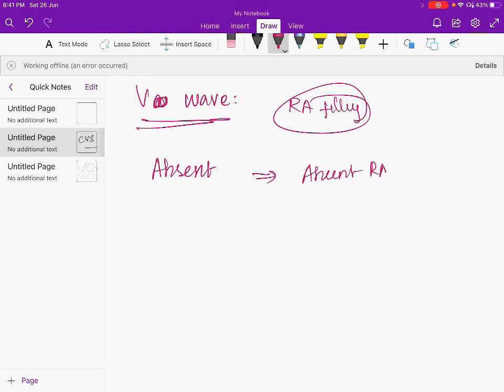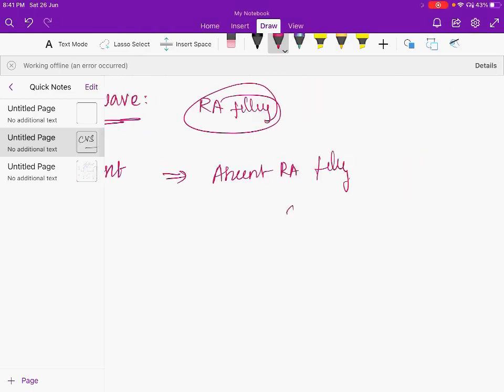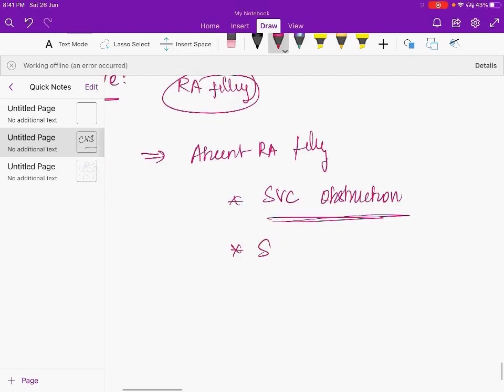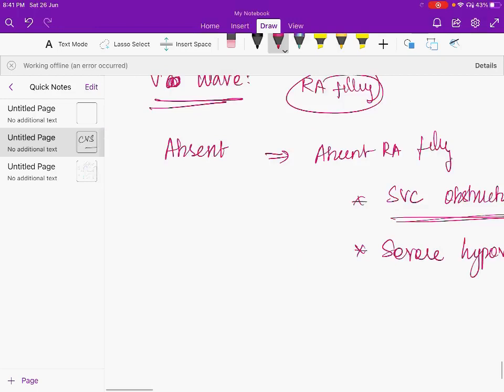Absent RA filling, not thrombosis, because of your SVC obstruction. When your SVC is obstructed, what happens? The blood will not come into the right atrium, or severe hypovolemia. Even this will have absent V wave.